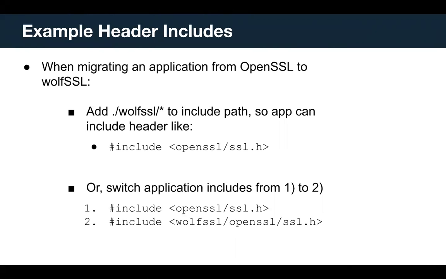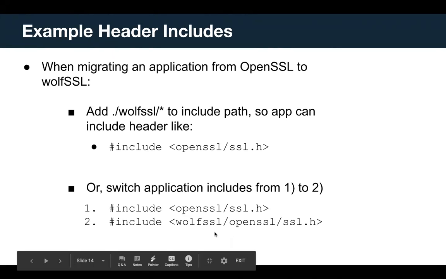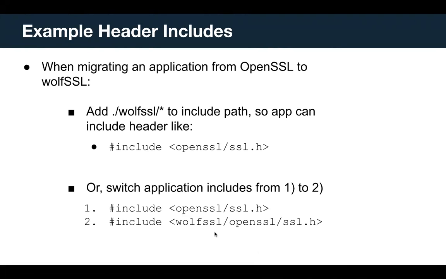Either by changing the preprocessor include path to point to the wolfSSL directory with the OpenSSL compatibility header files, or by changing the application code to have wolfssl prepended to the includes. In most projects, we opt for the first option because it does not require any code changes in the application and is done by simply adding a preprocessor flag when compiling.